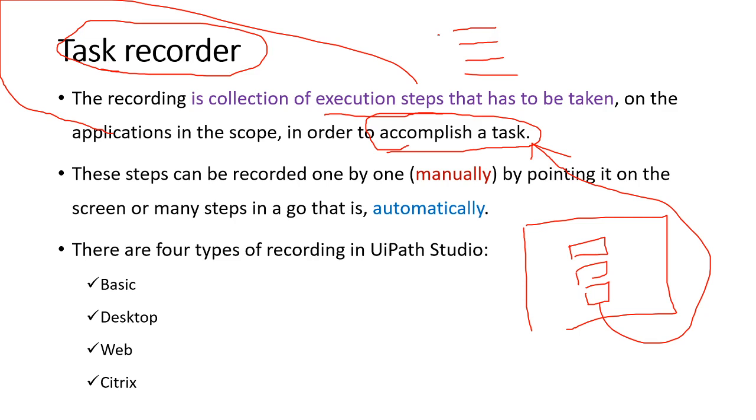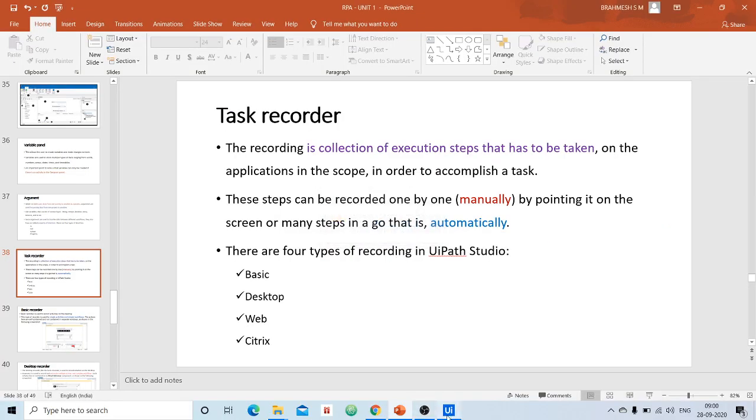I will give a simple example. Assume that the user wants to open Notepad by clicking an icon on the taskbar. Let us assume there is an icon here to launch the Notepad application. What is the human step here? He has to come over here, then put the mouse pointer over the icon. Let us assume this atom icon is a Notepad icon.